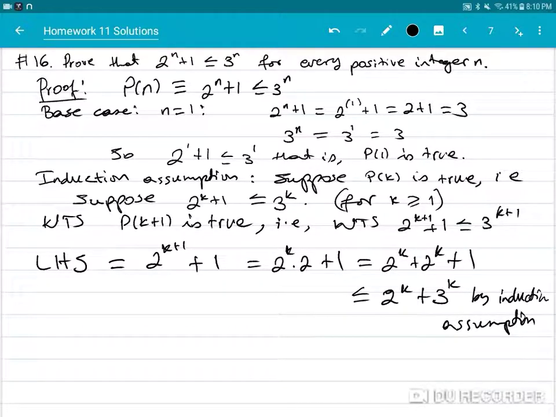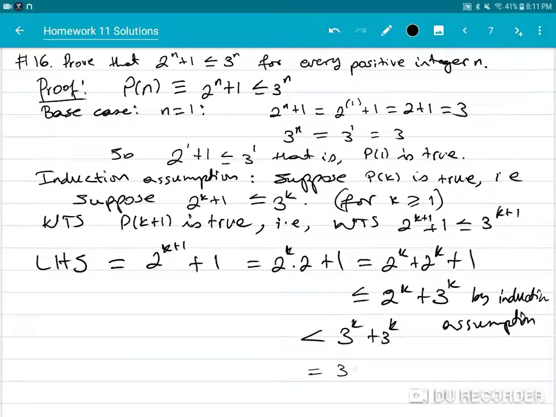Now I want to make this larger. One thing we know is 2 to the power of k is strictly less than 3 to the power of k for k greater than or equal to 1. Since 2 to the power of k is less than 3 to the power of k, I will write it as 3 to the power of k plus 3 to the power of k, but with a less than, because I made it larger.